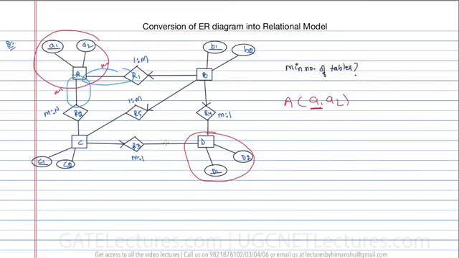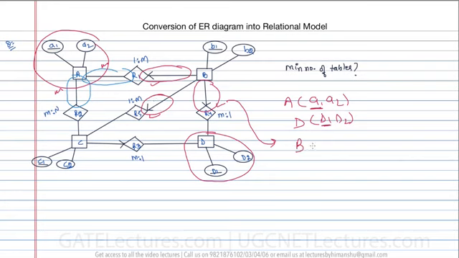Now you can check for this D. D is having many in both the directions. Therefore we are going to create a table for D which is having D1 and D2, where D1 is a key attribute. Now you can see this B is having 1 as maximum cardinality here and 1 here, maximum cardinality 1 in both the directions. So for this B we can create a table, but that table will be combining R1, R4 and R5, because here also it is maximum cardinality as 1.